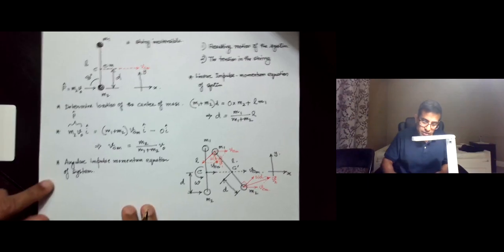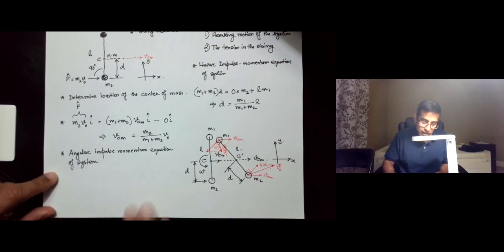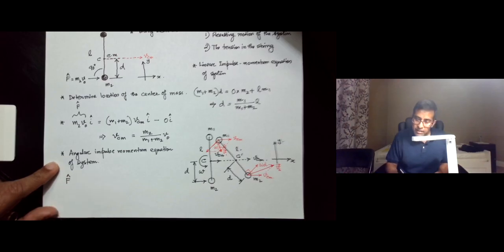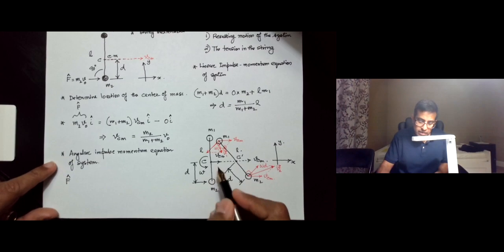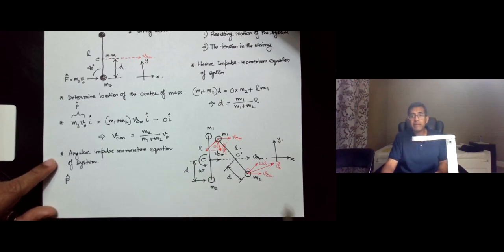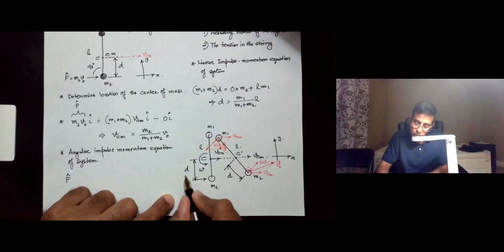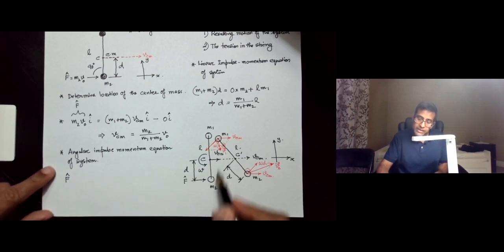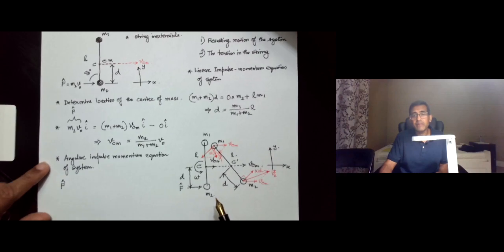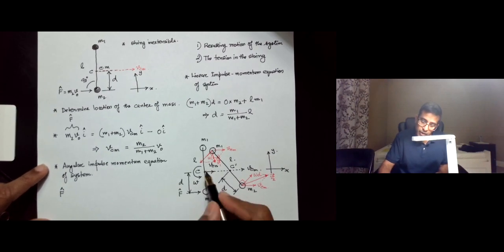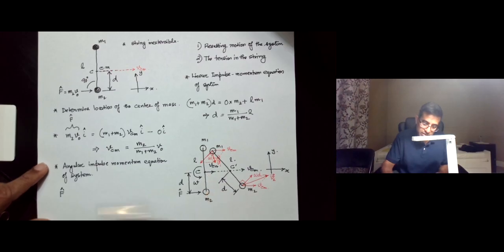And the angular impulse momentum equation of the system is going to be f hat. Now keep in mind that we are going to be writing this equation at the instant when the f hat, or rather the impulse, acts on this particle. So at that point f hat is at a perpendicular distance of d.